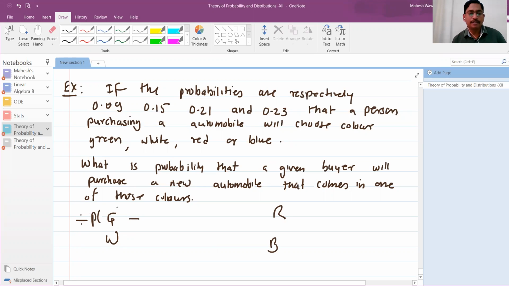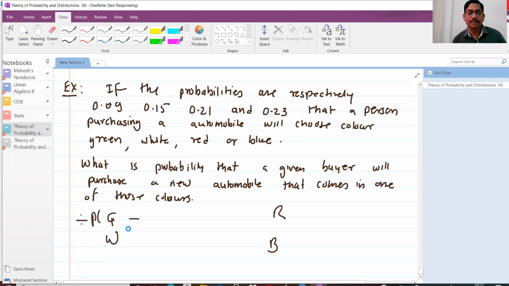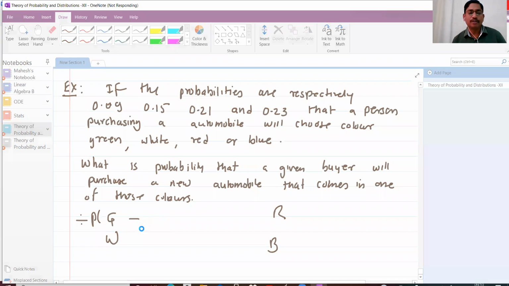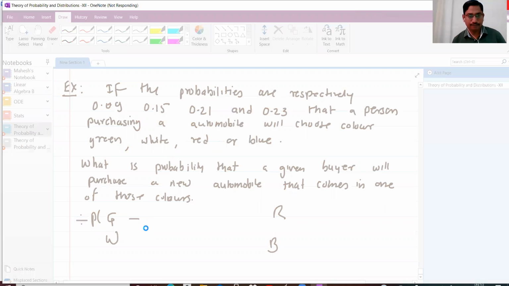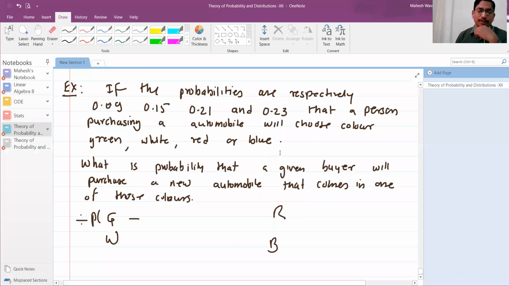So the probability of each event is known to us and it is mentioned there. First is 0.09, second is 0.15, third is 0.21, and the last is 0.23. So these are the probabilities that the person purchasing the automobile will choose the color green, white, red, and blue respectively.